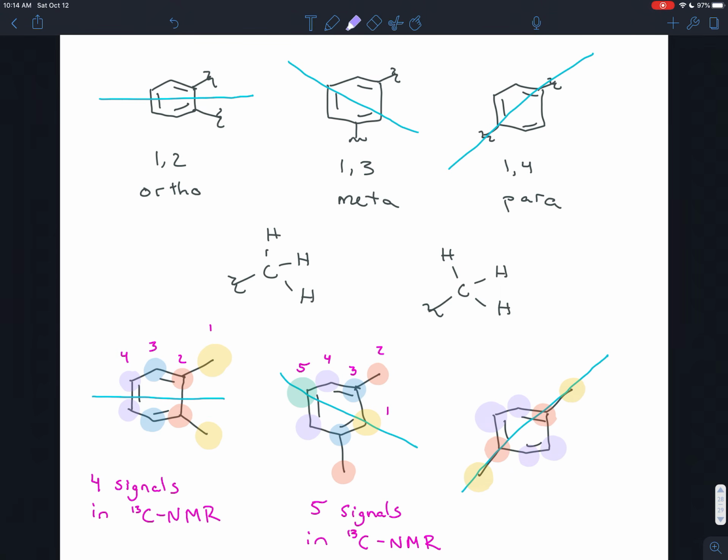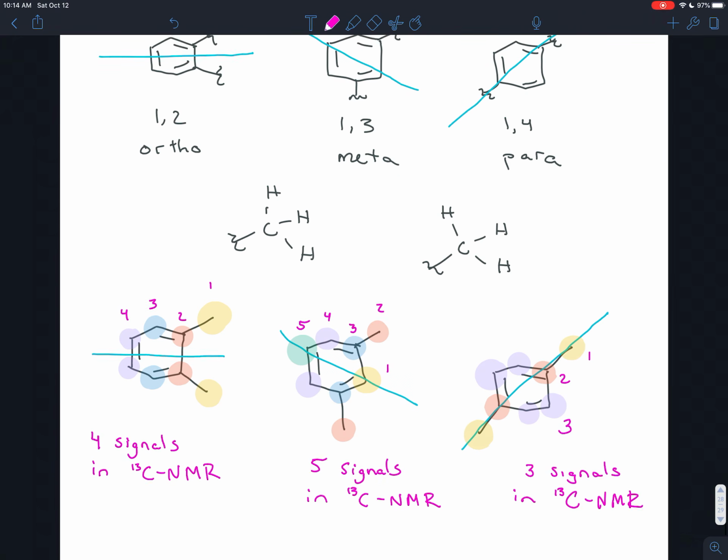So they're the same distance away from the same things. So they're all in the same electronic environment. So in that one, you'd only have 1, 2, 3 different electronic environments for the carbons. The carbon in the methyl group, the carbon attached to the methyl group, and the carbon that's one atom away from the carbon attached to the methyl group. So you'd only have 3 different electronic environments. You'd have 3 signals in a carbon-13 NMR spectrum.